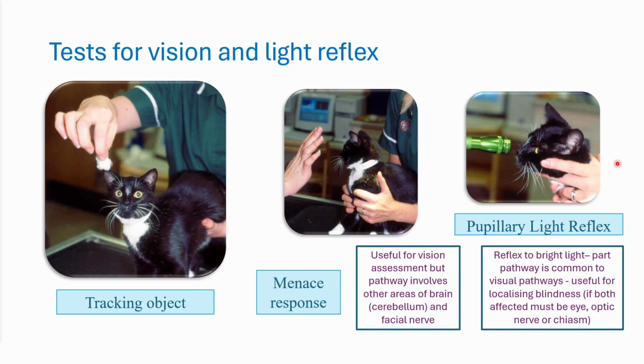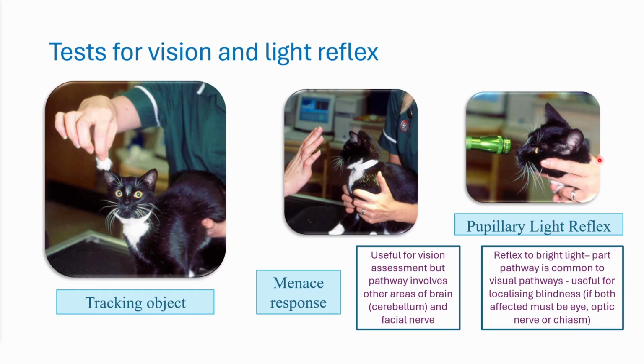And then we have the pupillary light reflex. Now, the pupillary light reflex does not assess vision, but the photoreceptors for the pupillary light reflex are on the retina. The nerves travel through the optic nerve, optic chiasm, and then go on to the brainstem.